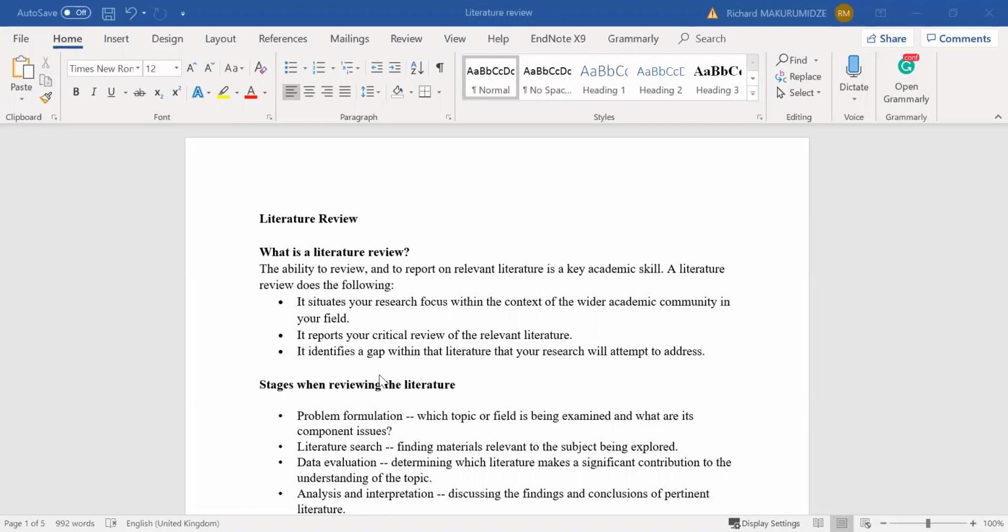So the purpose of doing a literature review is that you want to really know what is known about the topic which you are studying, and what the knowledge gap is. Usually it depends on the level of research, but when you are doing higher level research, it doesn't make a lot of sense to research things which are already known.